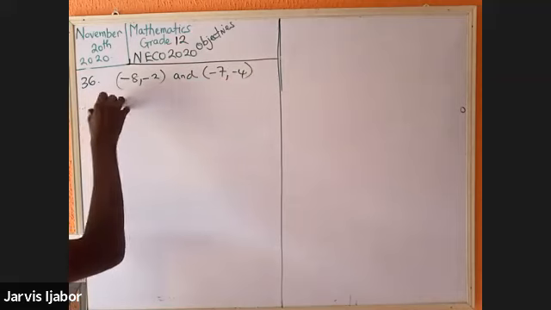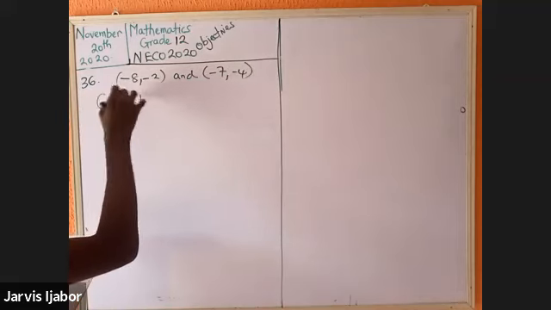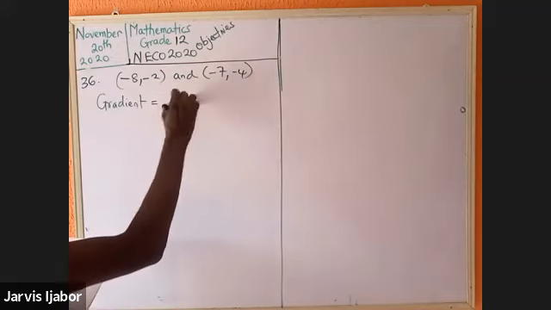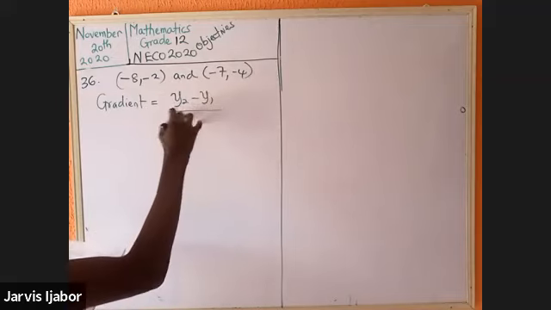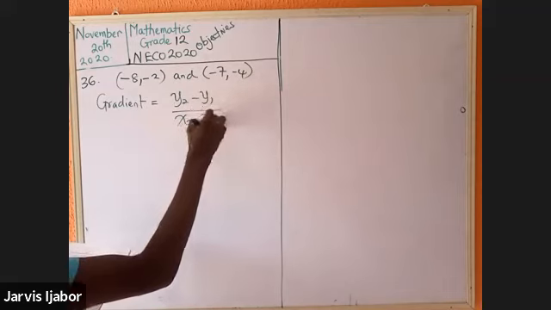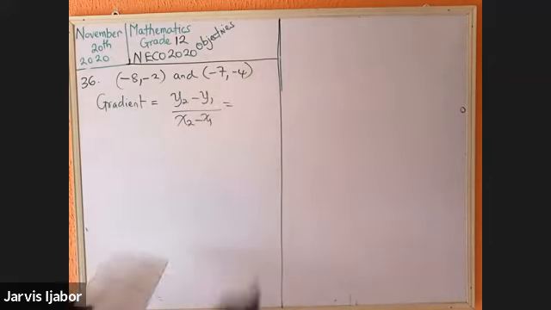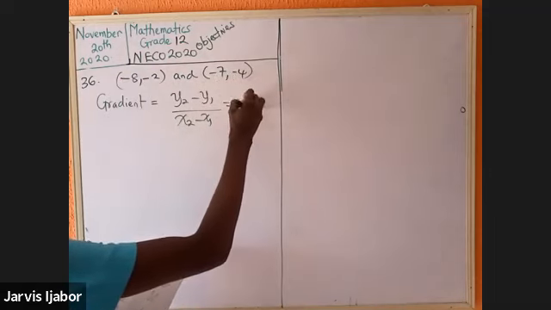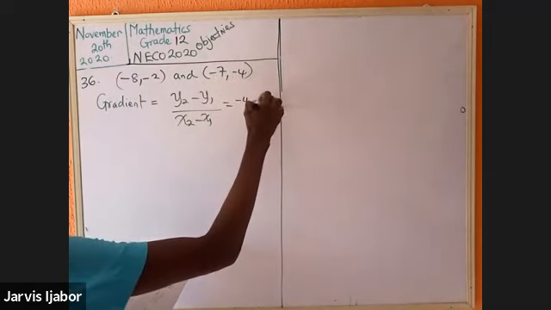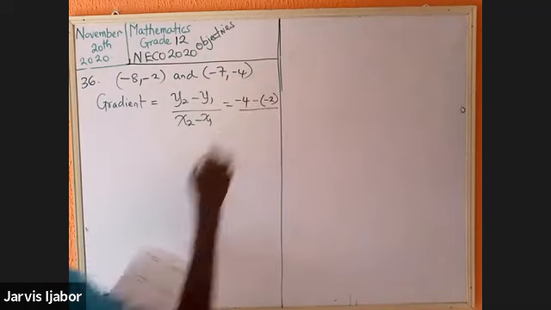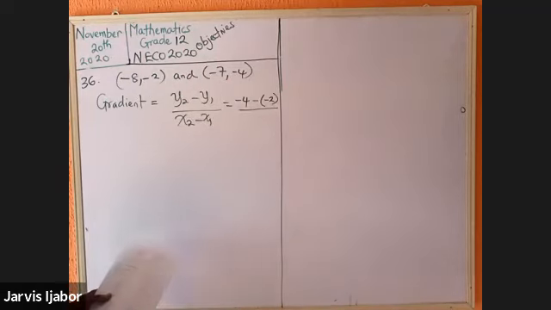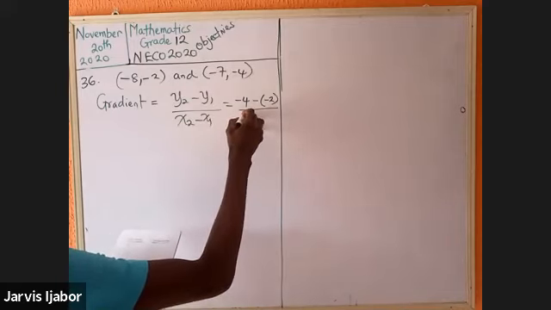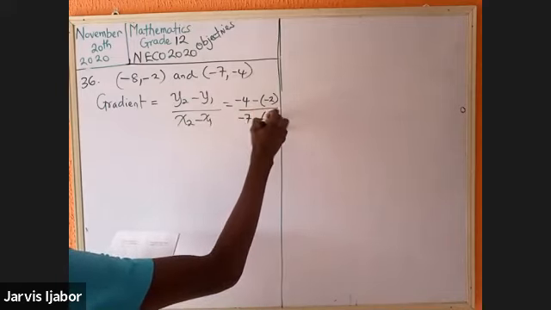So gradient will be equal to y2 minus y1 over x2 minus x1. So this usually is the y2, so -4 minus -2 over -7 minus -8.